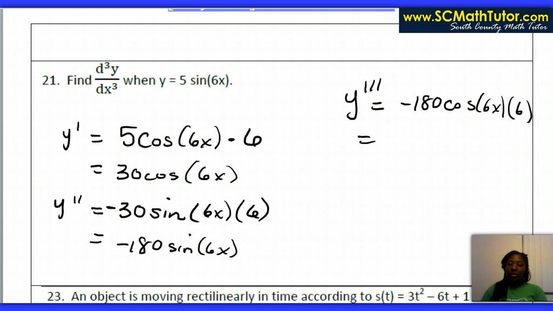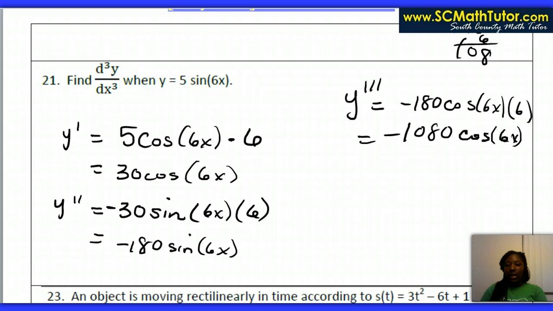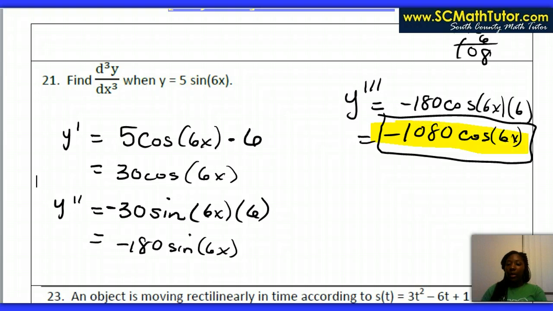Okay, so 18 times 6, I got it. 6 times 8 is 48, 6 times 1 is 6, 108. So 1080 negative cosine 6x. That is my final answer. Take it or leave it. Okay, moving on.